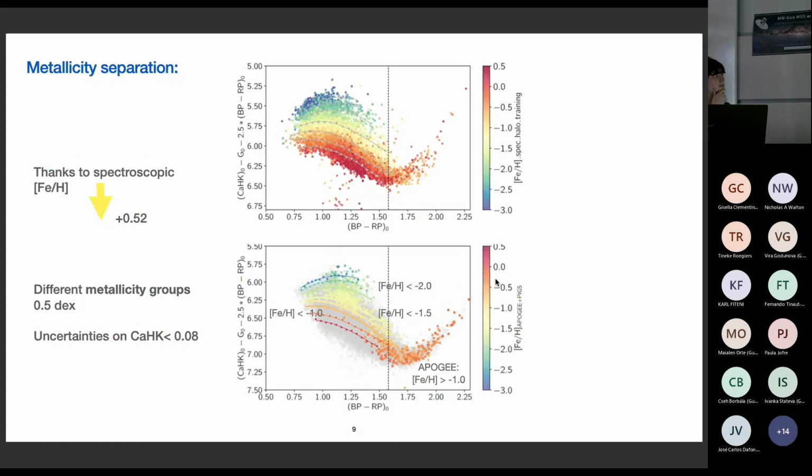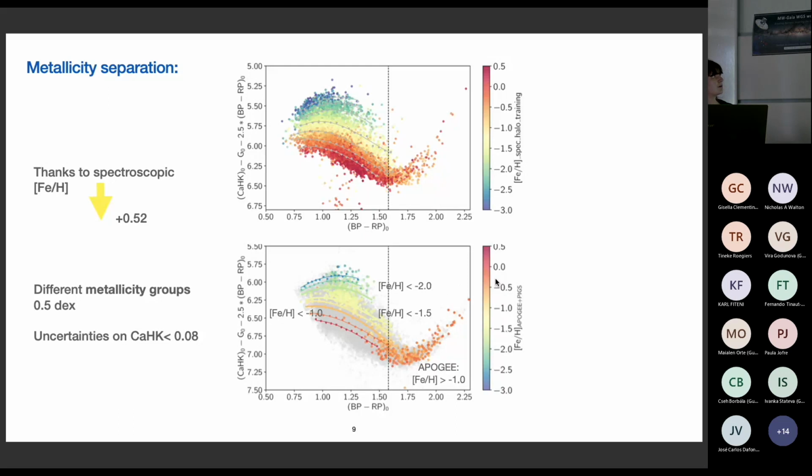We did that thanks to the spectroscopy available. So we constrained our metallicity groups, shifting them to match the spectroscopy in the same metallicity range, and we tried to isolate different metallicity groups. For example, we looked specifically at stars below -2, -1.5 and -1.